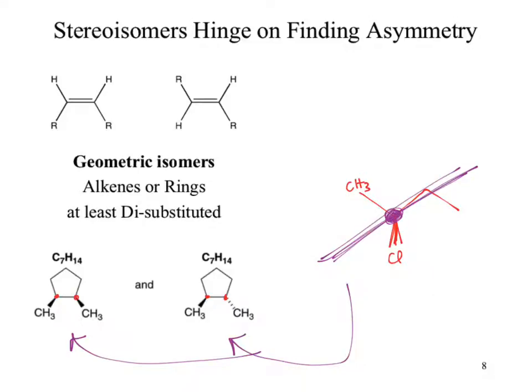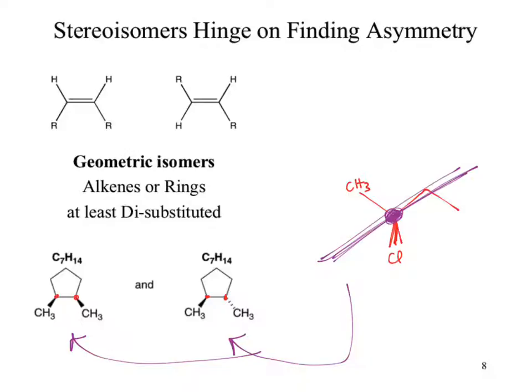At least one chiral atom. Because we have that chiral atom, we've lost our symmetry, which then means when we look at the mirror image, it becomes non-superimposable, and we now have chiral molecules. Or chiral relationships, I should really say.